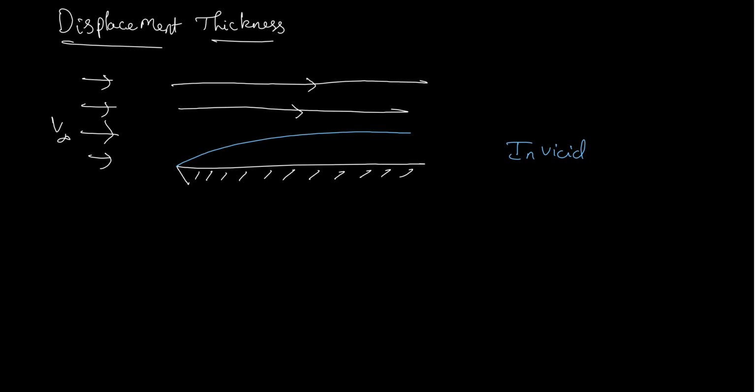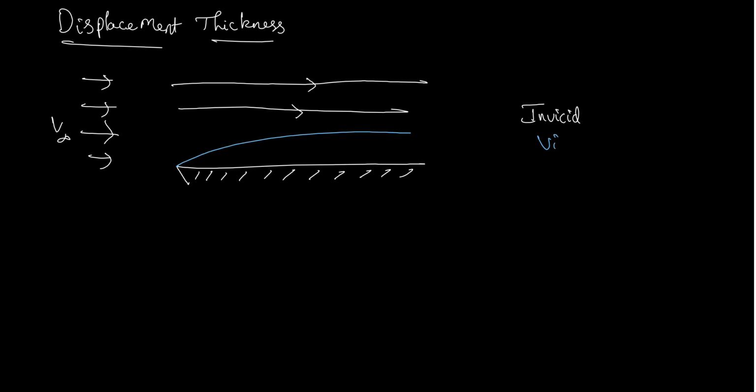If I take the condition to be viscous, let me change the color here so that the colors are properly labeled: white for inviscid, and I take blue for the viscous case.